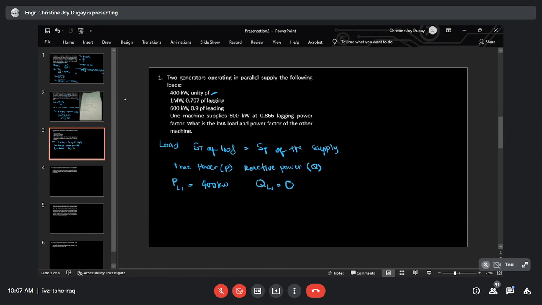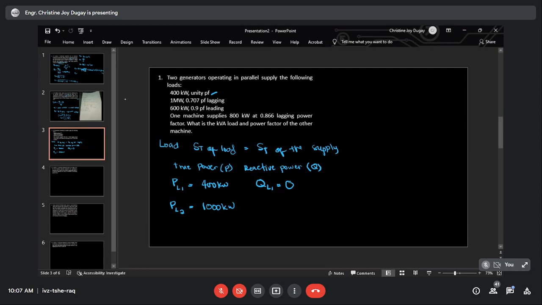How about at load 2? P load 2. So that is equal to, according to the problem, that is 1 megawatt, or gawin natin siyang kilowatt, that is 1,000 kilowatt. Tama? Yes, ma'am.